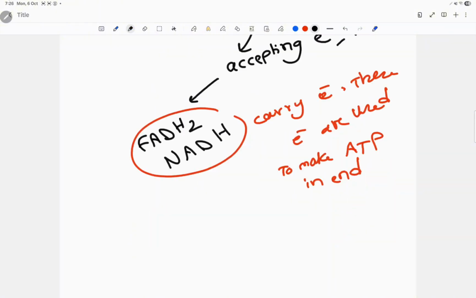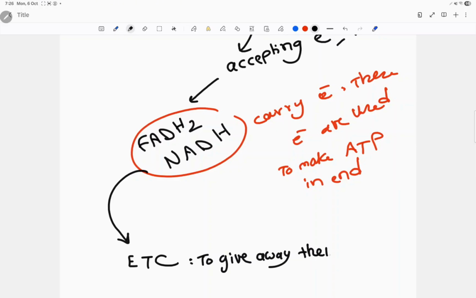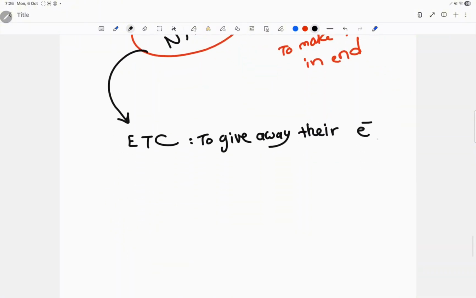So look, whenever I talk about carriers of electrons, I must also talk about the electron transport chain. So ultimately, FADH2 and NADH both have to go inside the ETC to give away their electrons to produce ATP in the stage after.